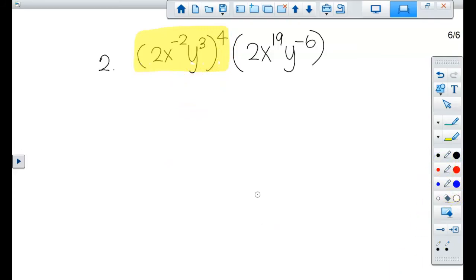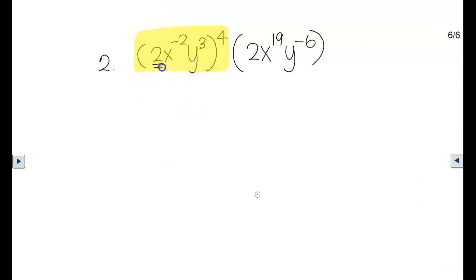So the first question for me is, what do I do with this coefficient? Well, everything in these parentheses is supposed to be raised to the fourth power. So I need to do 2 raised to the fourth power, which would mean 2 times 2 times 2 times 2. That will give me 16.